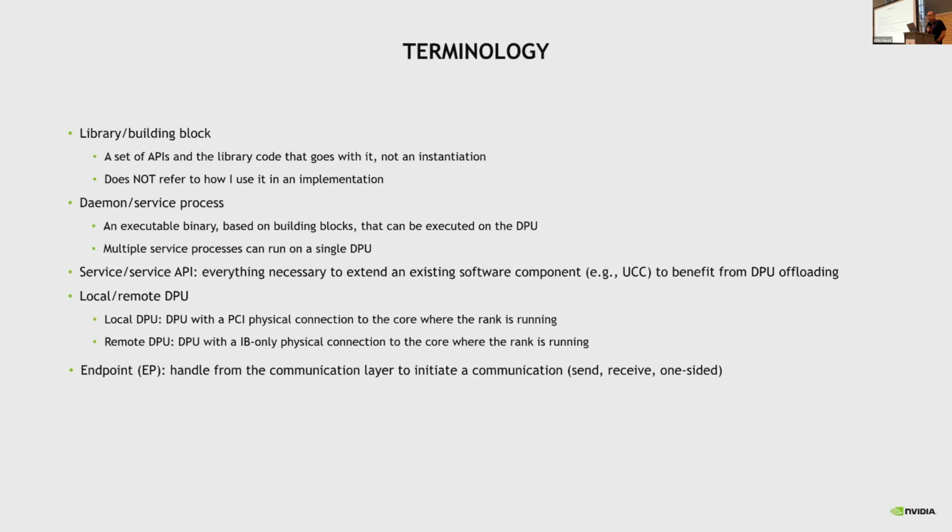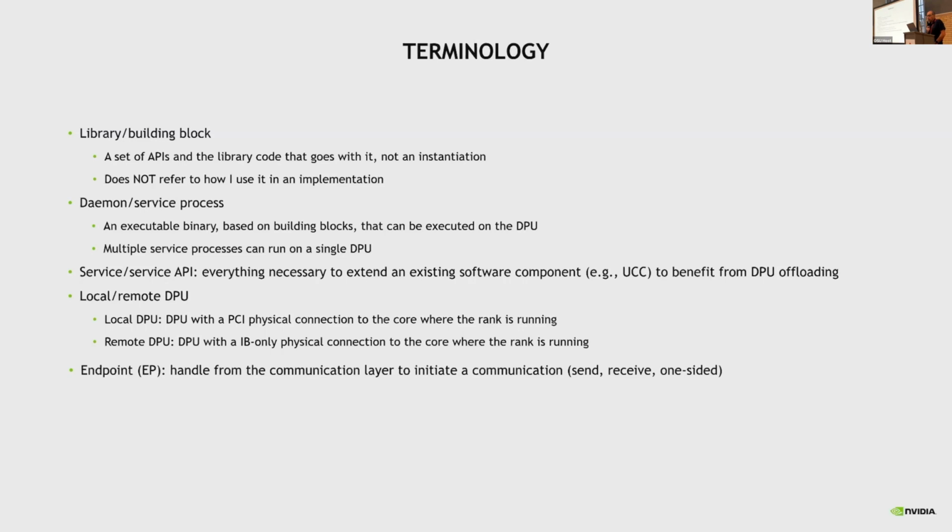And we can have, and actually do have, multiple service processes running on a given DPU. This gives us the ability for parallelism. In Bluefield 3, we have up to 16 cores running on the DPU. So we could have, in principle, up to 16 service processes running on the DPU, serving all the host side MPI processes.